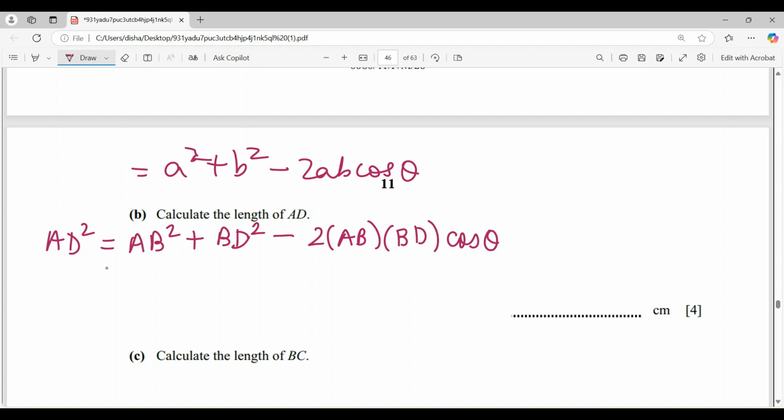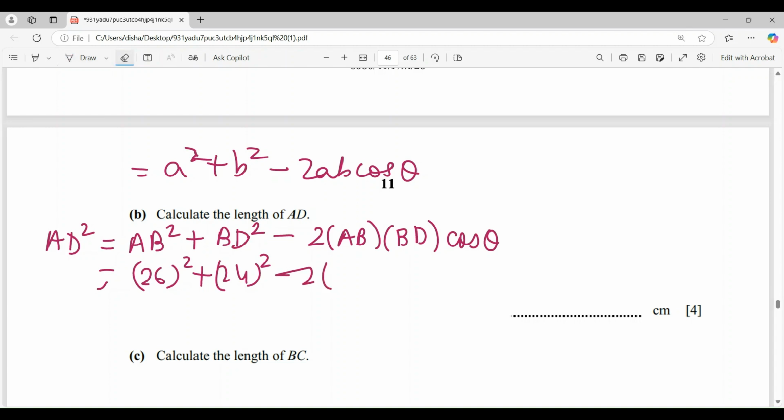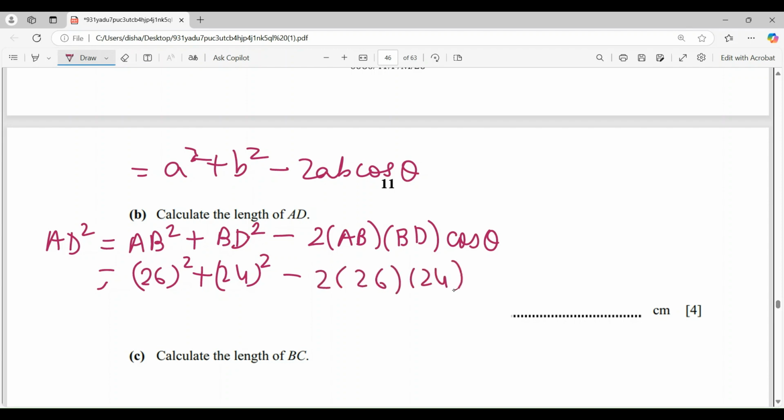So that is 26 square plus 24 square minus 2 into 26 into 24 into cos 40.